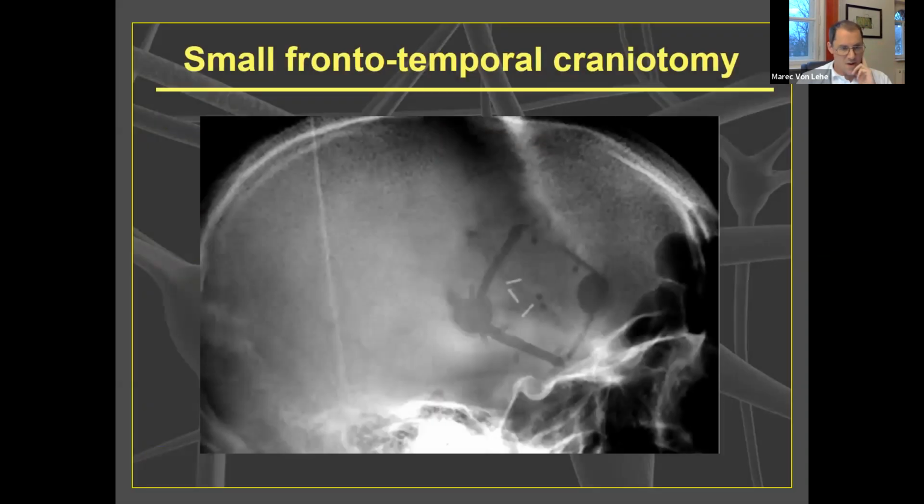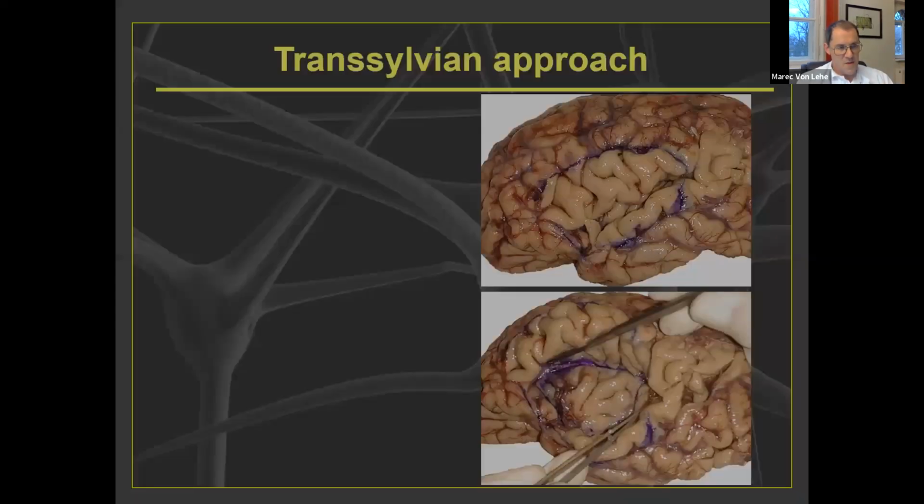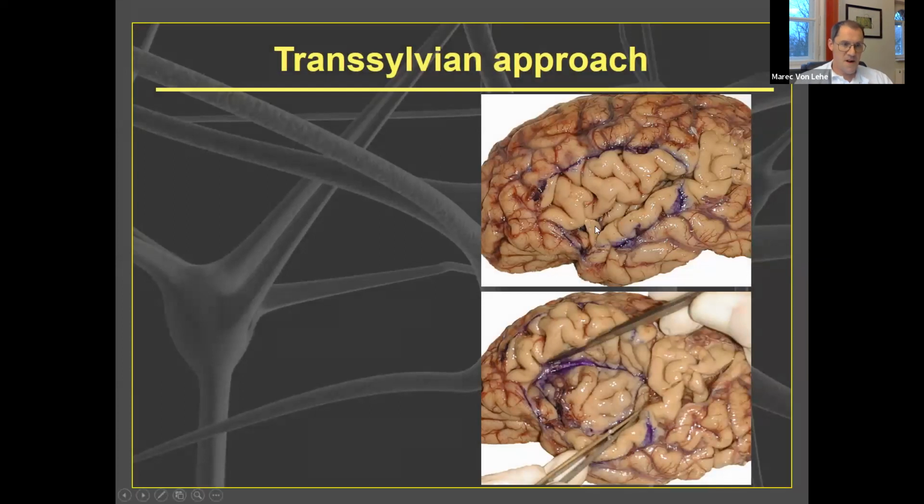This is just an X-ray from the lateral view of the craniotomy. You see a craniotomy of 4 by 4 centimeters. You go through this approach to the lateral aspect of the hemisphere.